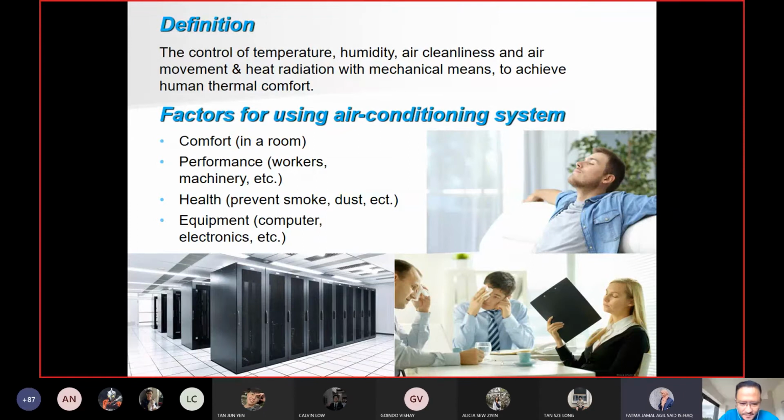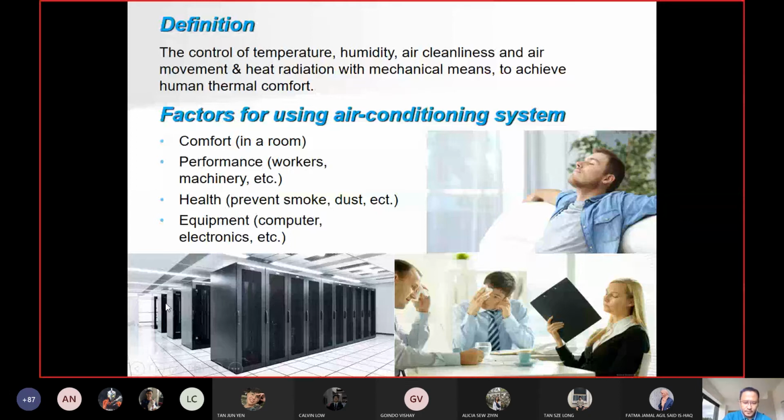Sorry? Are they servers? Sorry, I cannot really hear. Server, basically it's a server room, right? A server room or data center, that kind of thing.